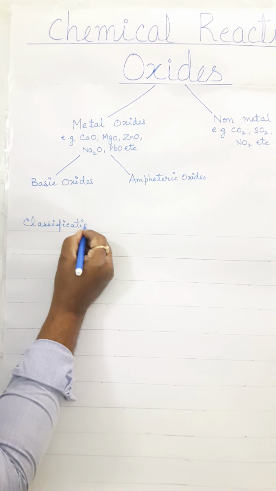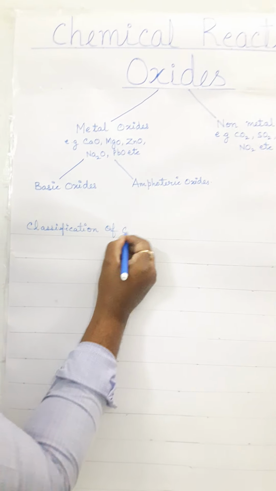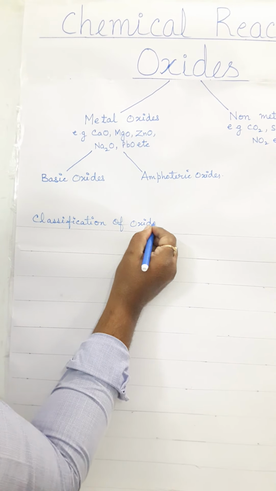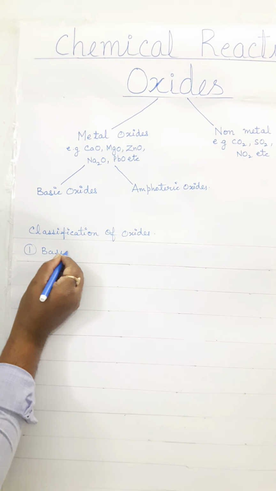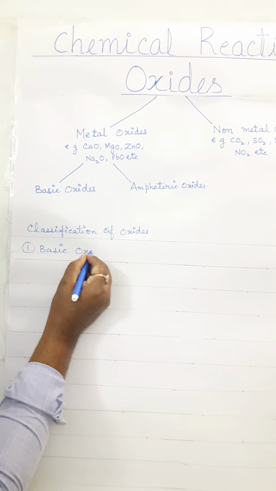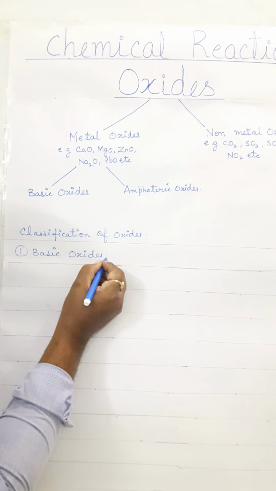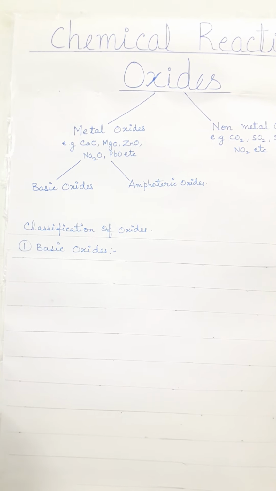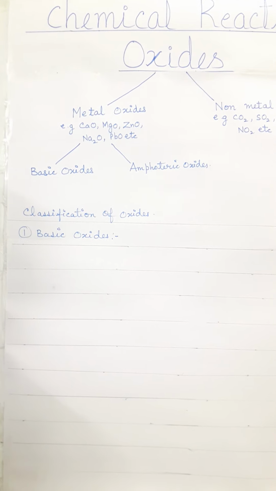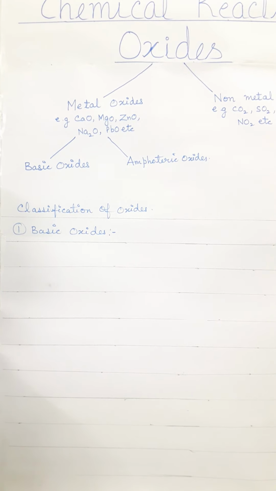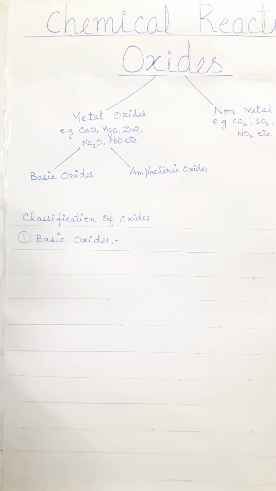So first we will discuss basic oxides. Basic oxides are oxides of metals which are usually insoluble in water, but some of the basic oxides dissolve in water to form alkalis.